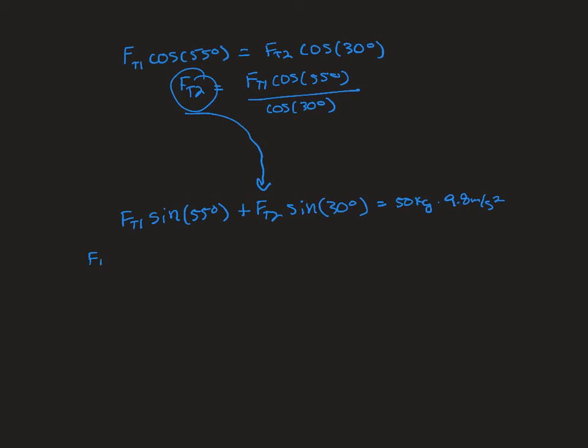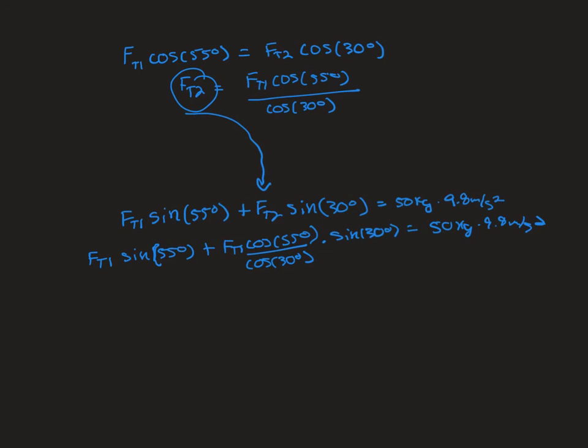So that's going to give me force of tension 1 times the sine of 55 degrees plus force of tension 1 times cosine of 55 degrees divided by cosine of 30 degrees. And then don't forget there was still a sine of 30 multiplied over here. I always like to forget that. And then we have 50 kilograms times 9.8 meters per second squared. So you'll notice now that our only unknown is force of tension 1.